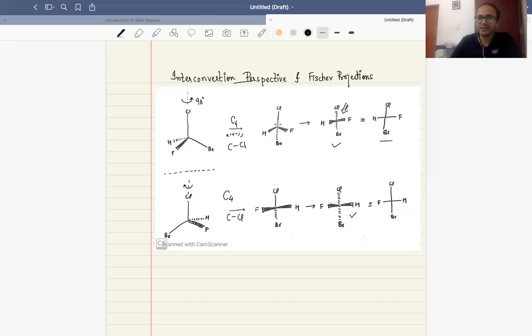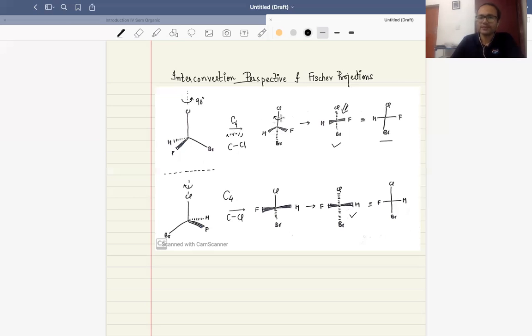Okay, after that, you will try to do a 90-degree rotation. Either you can bring Br here, or you can bring Br here, whatever is your way of doing. So suppose, since I'm making this particular diagram, I'll rotate my molecule by 90 degrees like this. That means I perform a C4 operation.